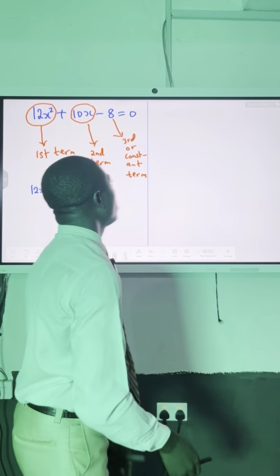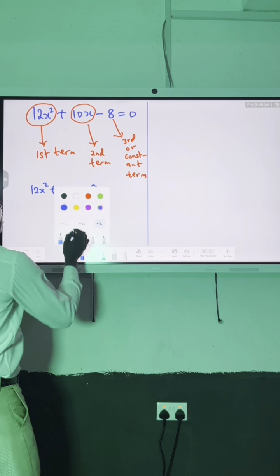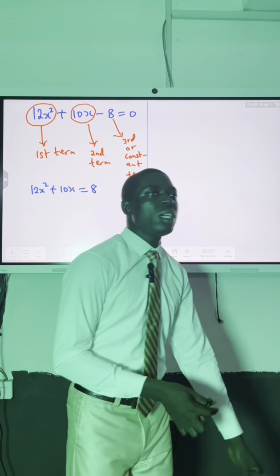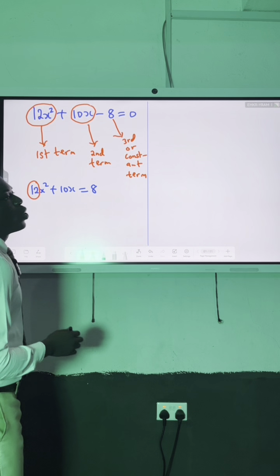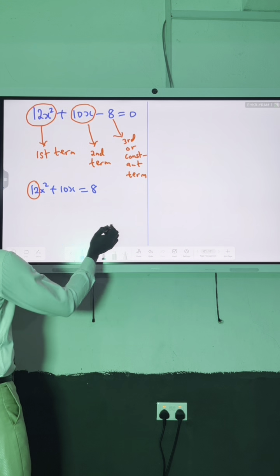Step number 2, divide all through by the coefficient of x squared. The coefficient of x squared here means the number standing in front of x squared, which very clearly is 12. So we're going to divide all through by 12 so that we make the coefficient of x squared 1.